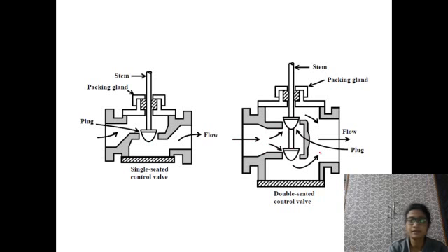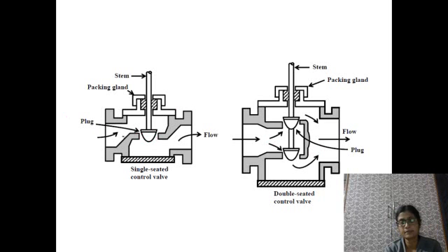Why is this arrangement required? A single seated valve is more tightly fitted. That means since it has a single plug and single seat area, it can be fitted more tightly.